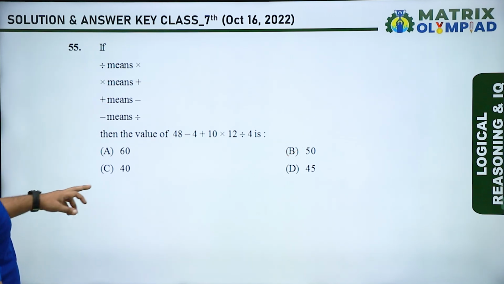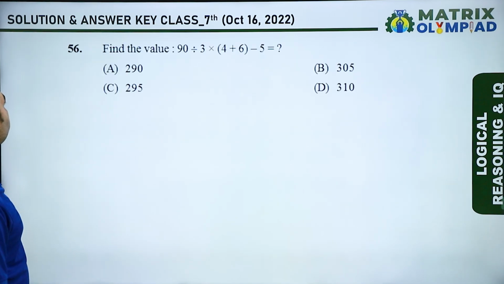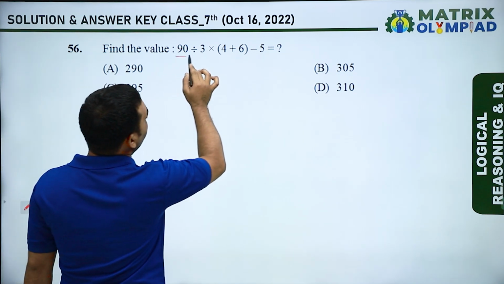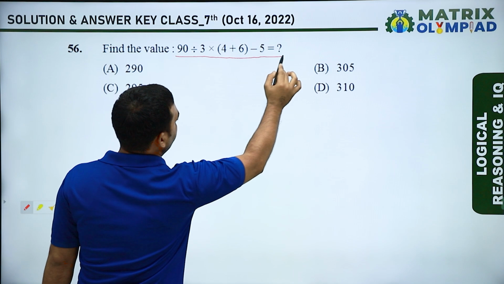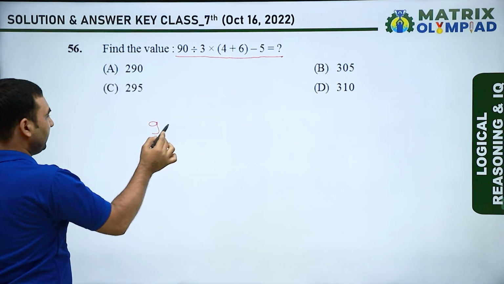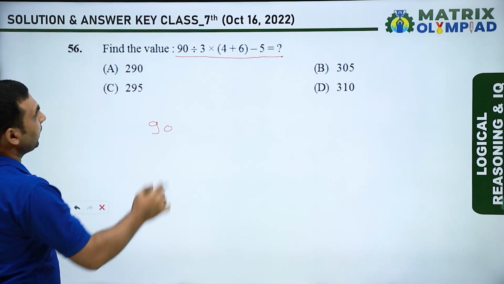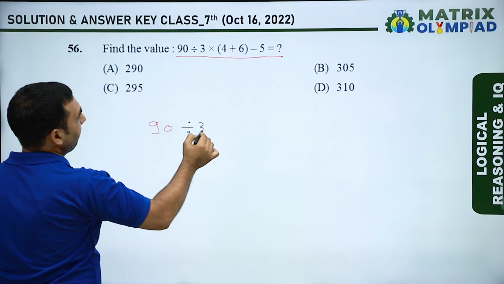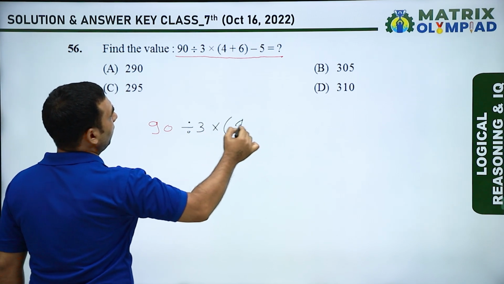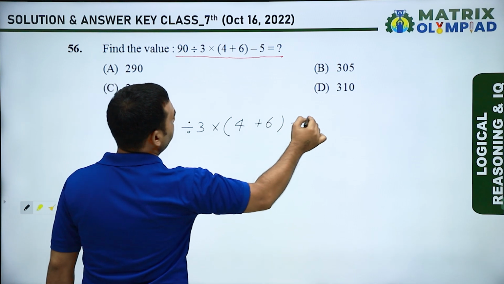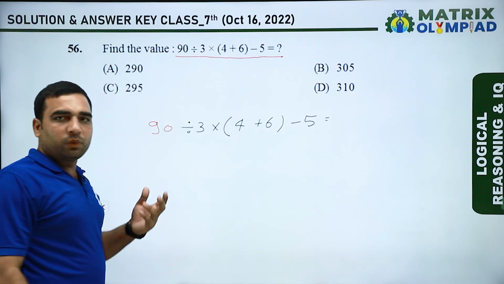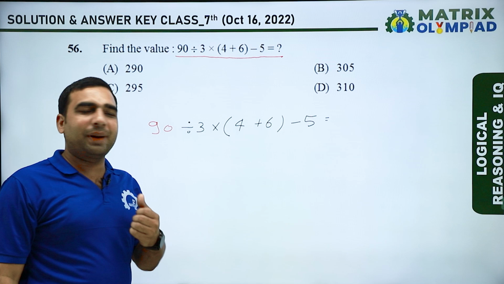Next question is, find the value of 90 divide 3 into 4 plus 6 minus 5. If we follow the BODMAS rule, we first solve the bracket.